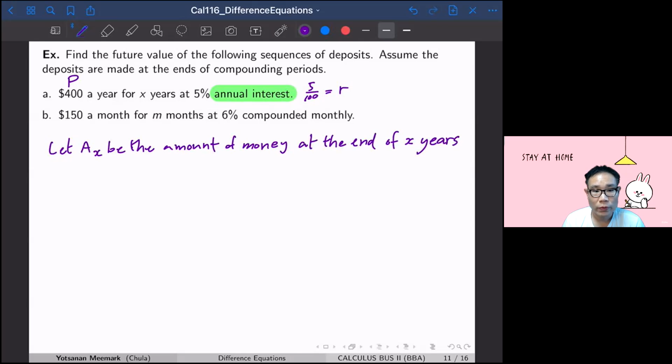Okay, so we let AX be the amount of money at the end of X years. So you would get A0 equal to P, your principal.